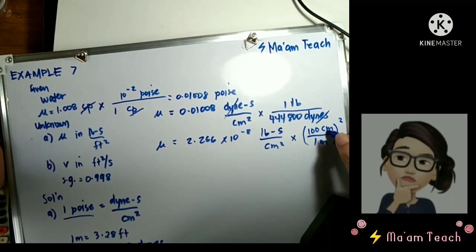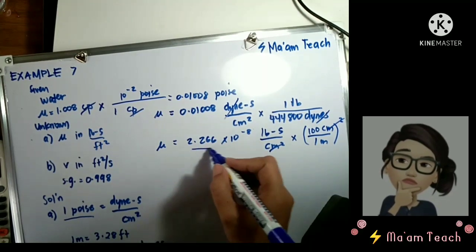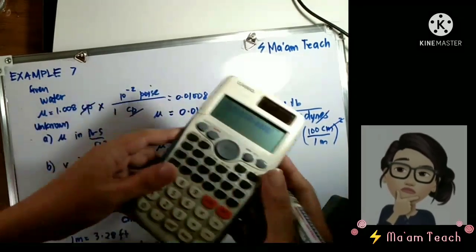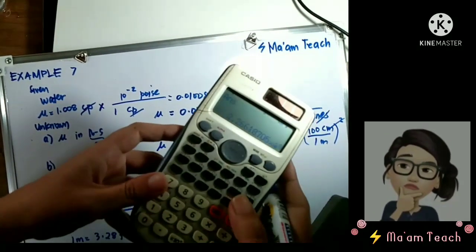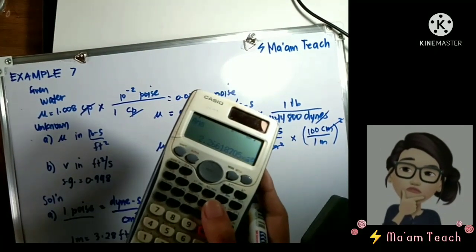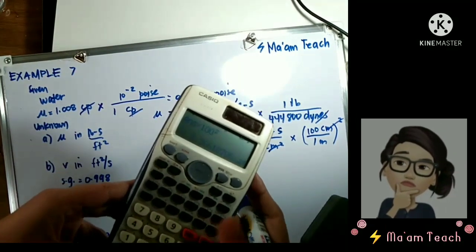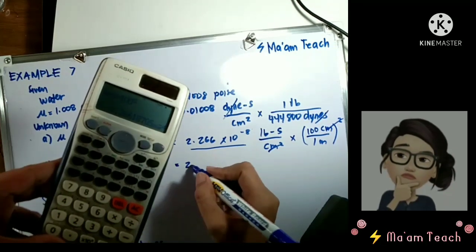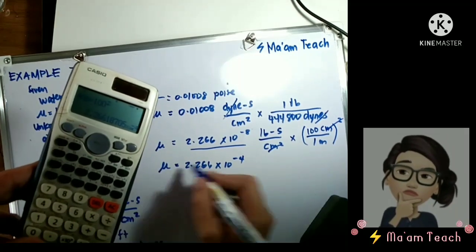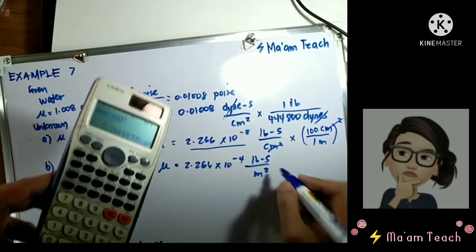So you have to multiply 2.266 times 10 raised to negative 8 by 100 squared. You'll have 2.266 times 10 to the negative 4, and the unit now, class, is per square meter.